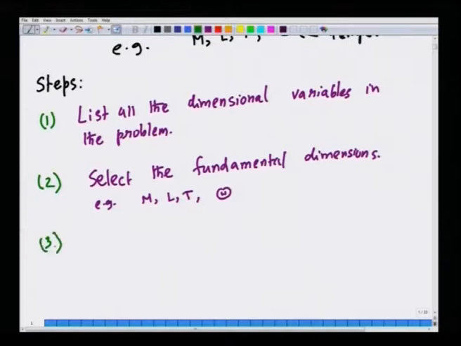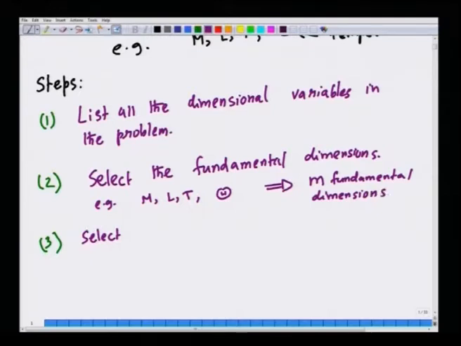The third step is now you have to select, and let us say there are m fundamental dimensions in the problem. If it is M, L and T, it is just 3, m equals 3. In general, you may have m fundamental dimensions. Now, you have to select m repeating variables.